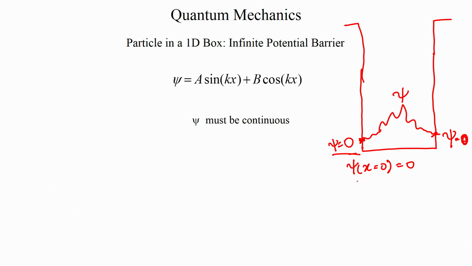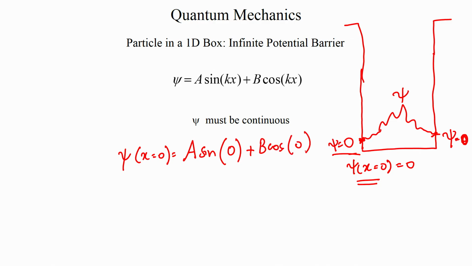So we first apply this condition that psi at x equal to 0 is 0. Psi at x equal to 0 is a sine of k times 0, plus b cosine of k times 0. This turns out to be 0 plus b, which is equal to the wave function at x equal to 0.